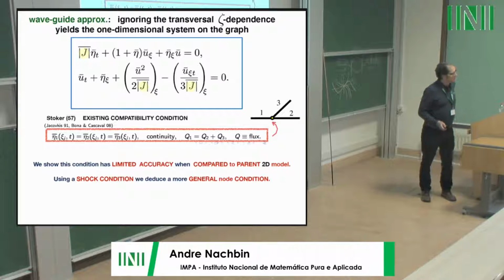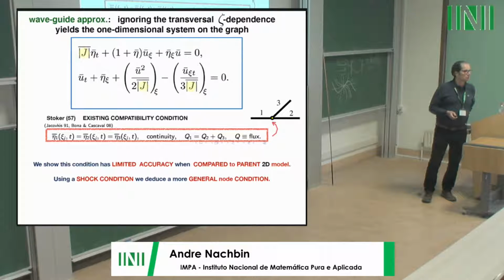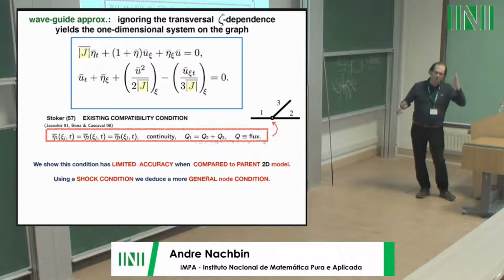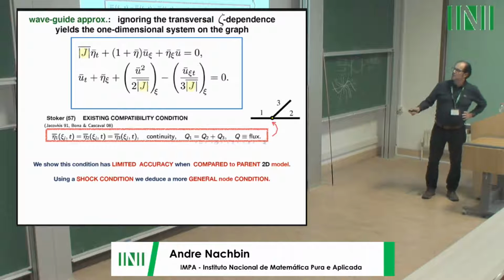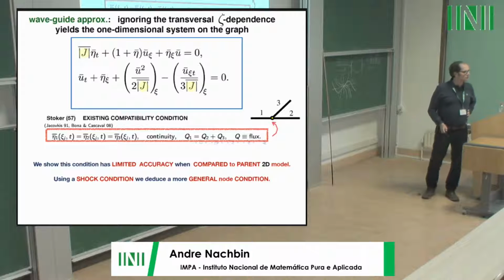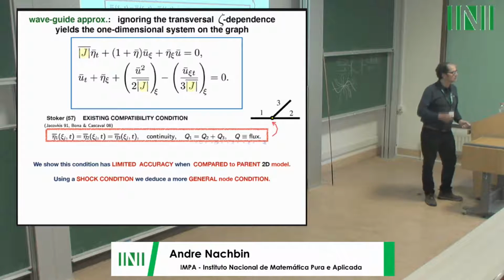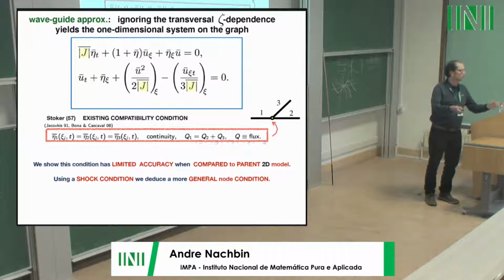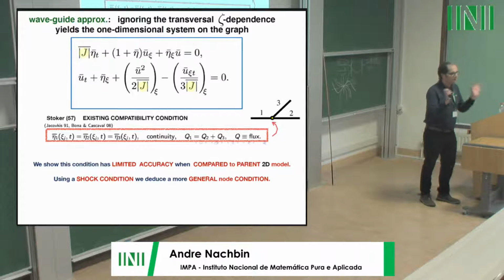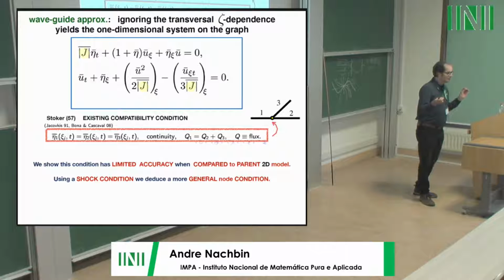But we found out that this standard, well-known condition, used by some, and these are two nice papers I'll comment on in a second. Jakovsky was actually one of the inspiring papers for me long ago. I found it and I kept it for this problem. We show that this condition, Stoker's condition, has limited accuracy when you compare it with the 2D model. There are proofs, like this paper by Jeremy. That's fine, it's important for the 1D model, right?